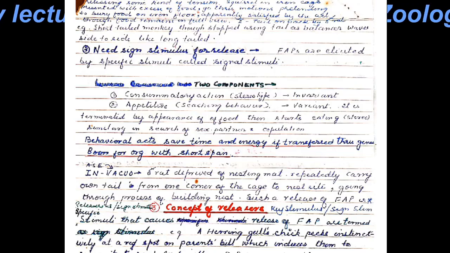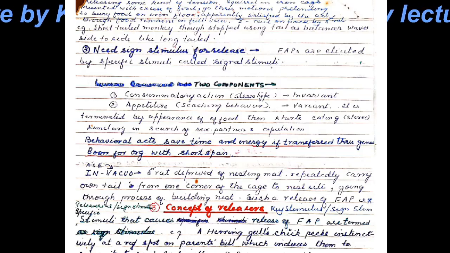But even if we remove the egg during this behavior, the bird still continues the behavior and pulls its head back as if an imaginary egg is still present there.